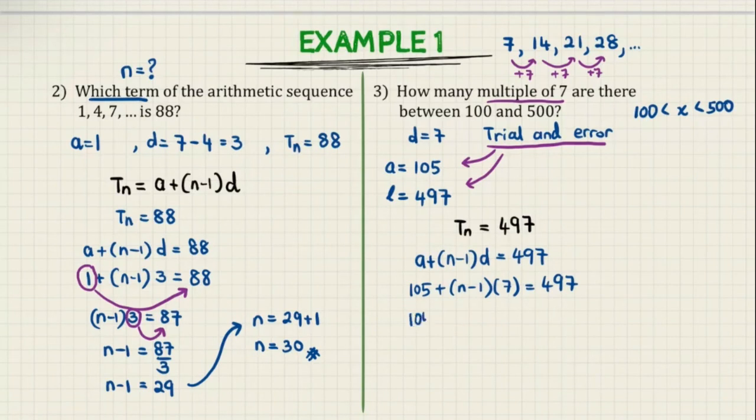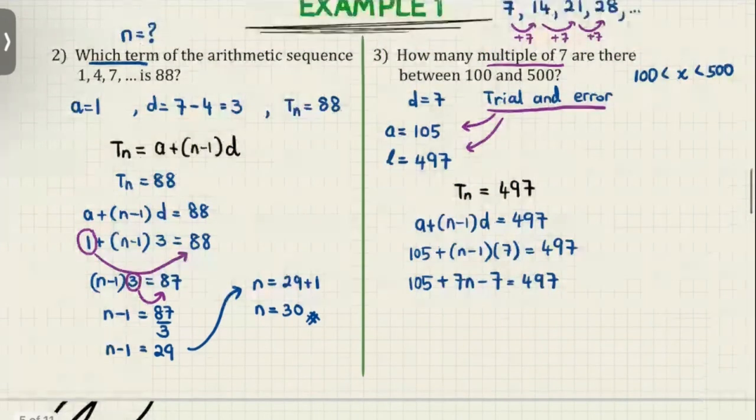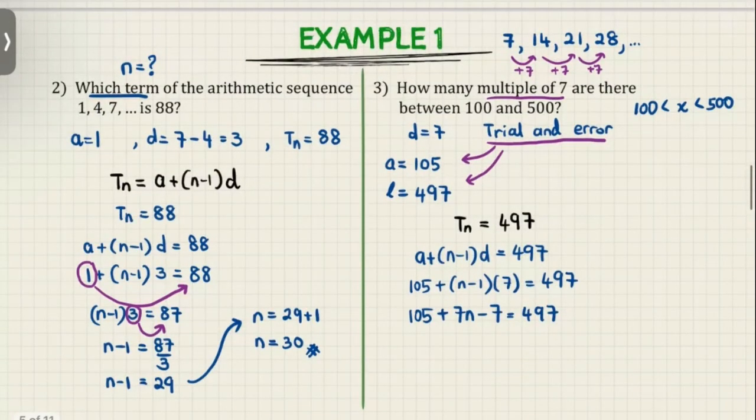Saya expand 105 tambah 7n tolak 7 sama dengan... Madam, saya mau tanya macam mana kita dapat yang first term dan last term tu? Okay, first term dengan last term, kita try guna calculator, kita akan kira lah mula-mula 100 bahagi 7 dapat value apa.